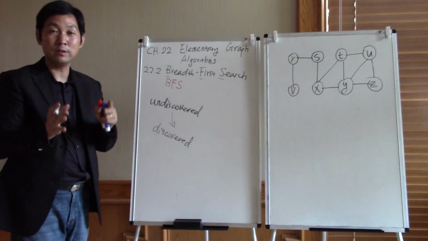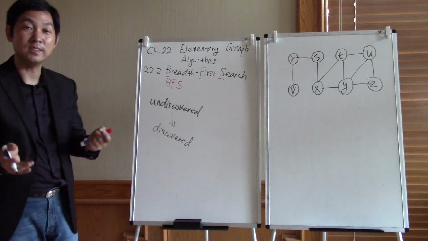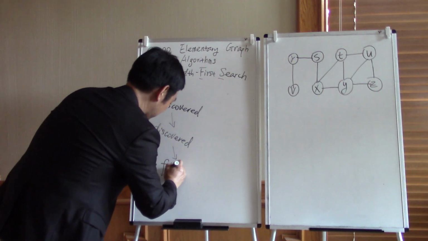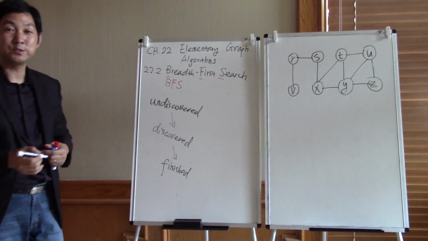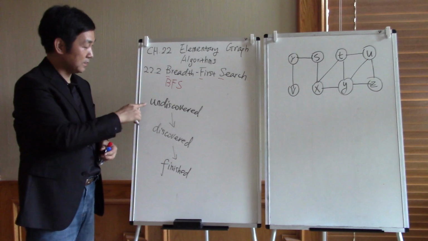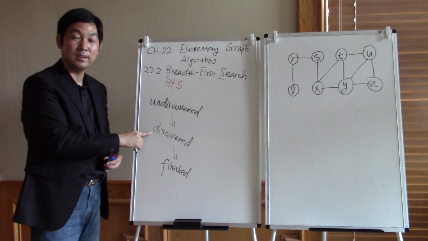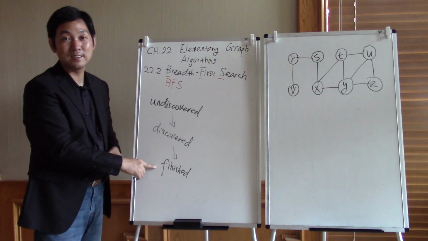And if you have not only discovered a node, but also you have checked out all its neighbors, then we say that node is finished. So every node will go through these 3 stages. Initially, it's undiscovered. And then at some point, it will become discovered. And later, after you check out its neighbors, then this node becomes finished.